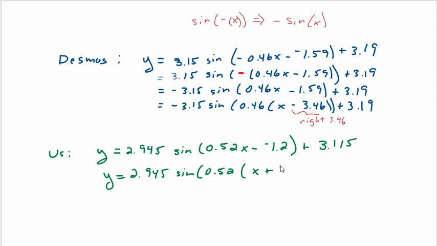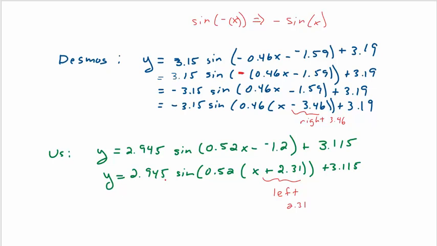Alright, that's about 2.31. Another set of parentheses, 3.115. Okay, so ours is saying, you know what, we're going to shift to the left 2.31 units. And then we're not going to flip it over.